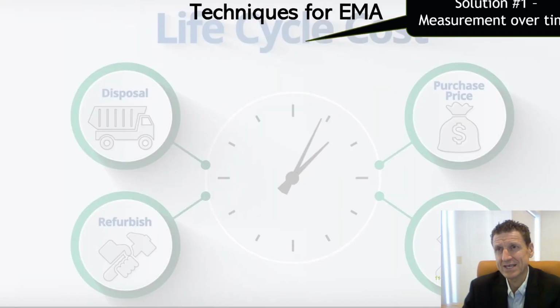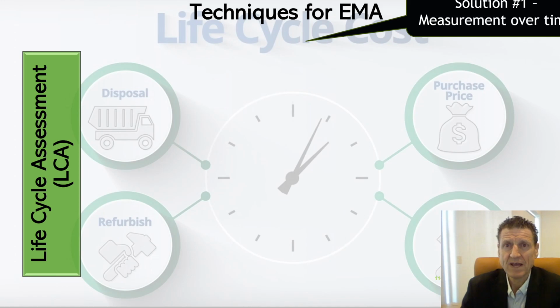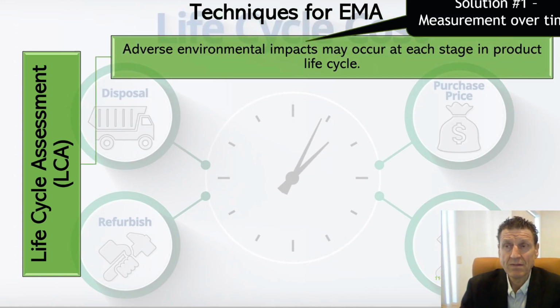I guess related to that is measurement over time. All right, so we want to think in terms of life cycle assessment, and here we are measuring the environmental impacts that may occur at each stage of the product cycle. You know, initial design, the ramp up, the production, and then the end of life cycle.